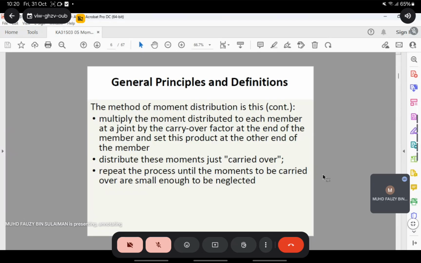Anis, aku tunggu nih. Sorry dokter, apa tadi?